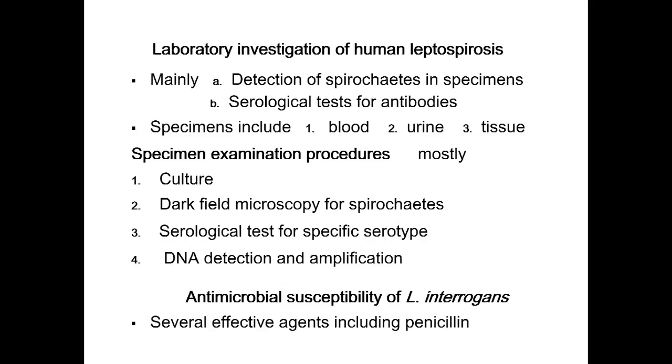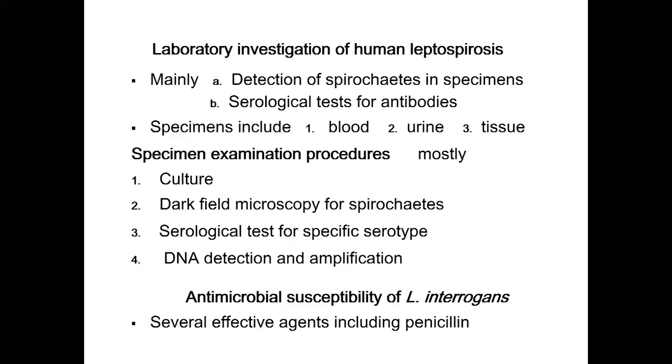And then for antibiotic susceptibility, it's like the other spirochetes, the antibiotics remain the same. And since it's something that might be related to one's occupation, there are measures that can be applied to prevent the infection.